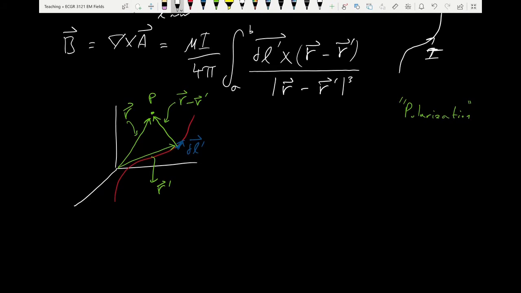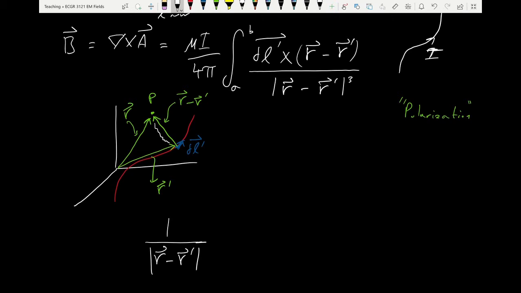Let's take the scalar field 1 over the magnitude of R minus R prime. The magnitude of this vector is a scalar, and it's a scalar field that varies depending on where P is. So it is a scalar field in space.